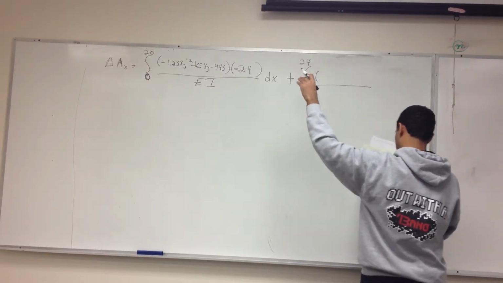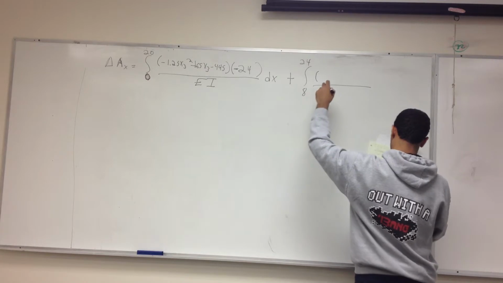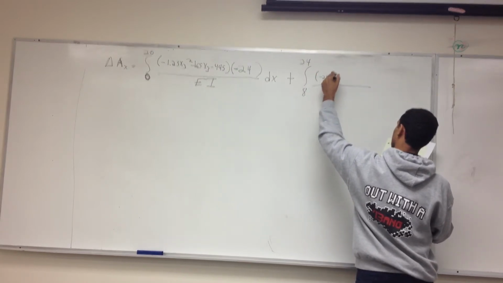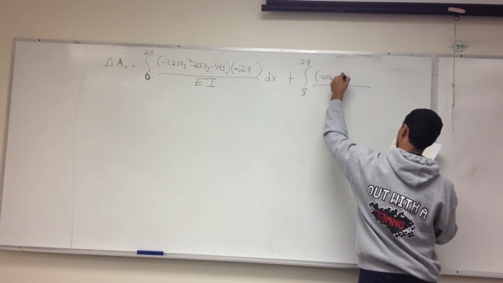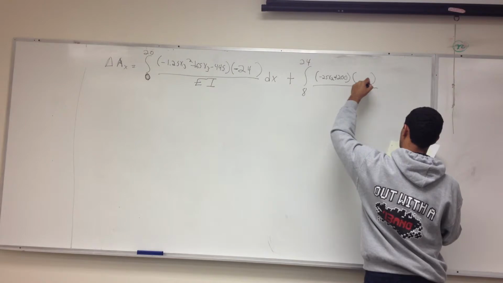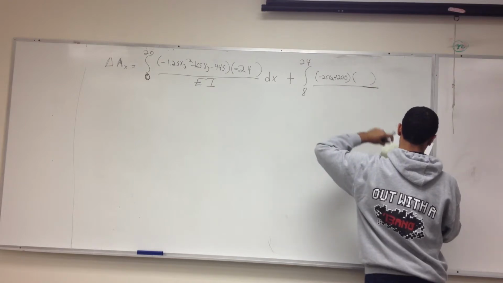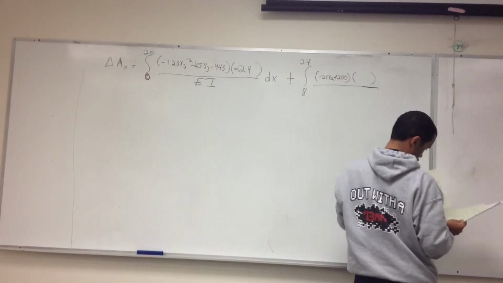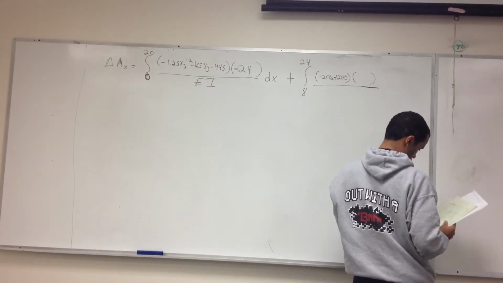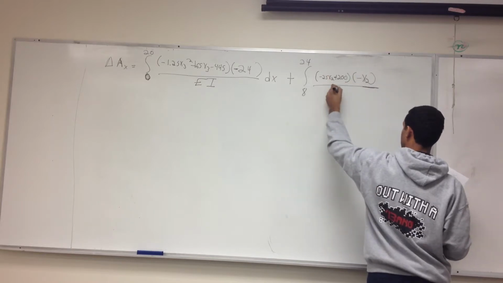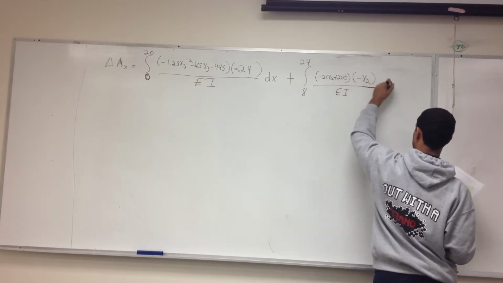That's the moment of the real frame at moment 2. Times the corresponding second moment cut from unit load frame 2, which was negative x2, over EI times dx.